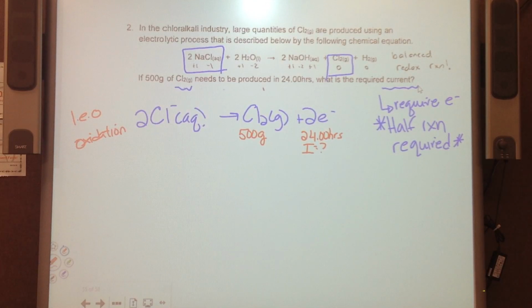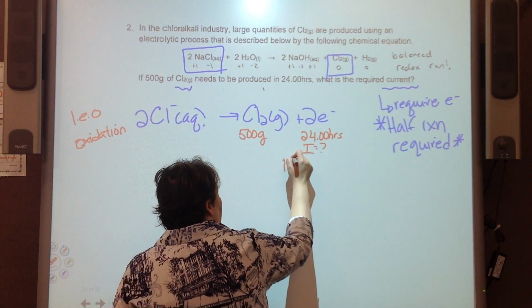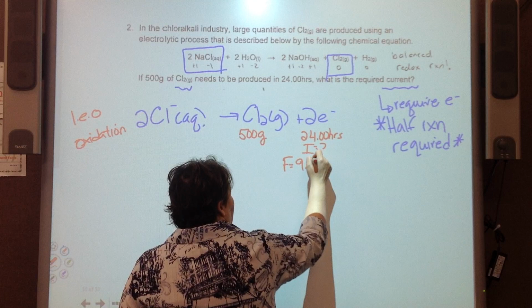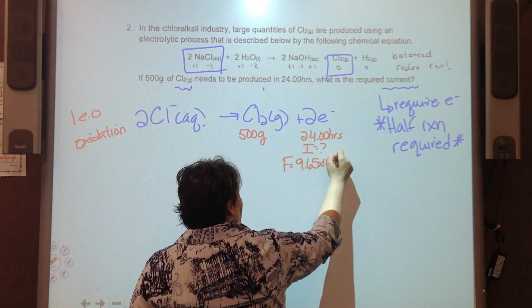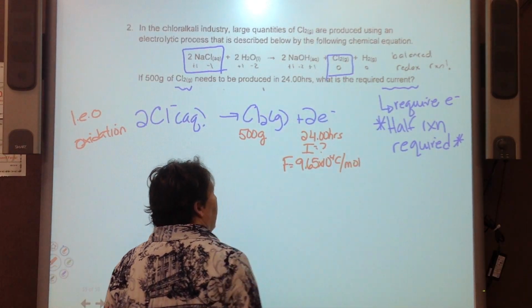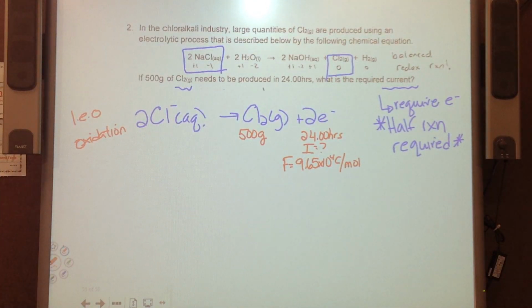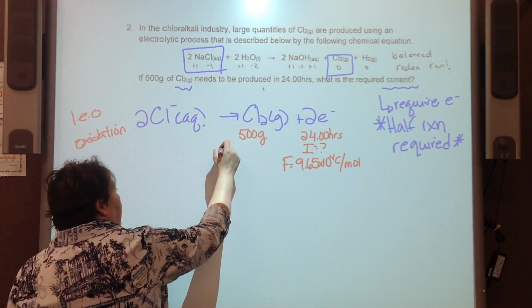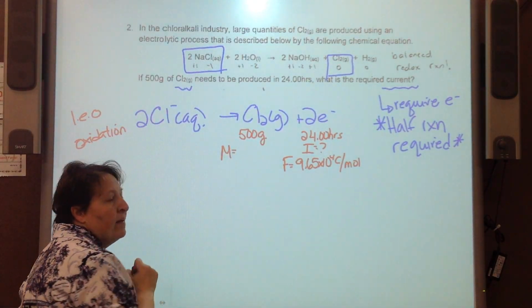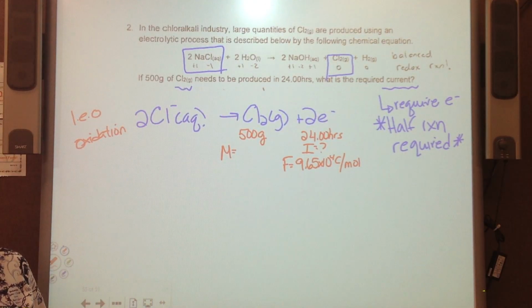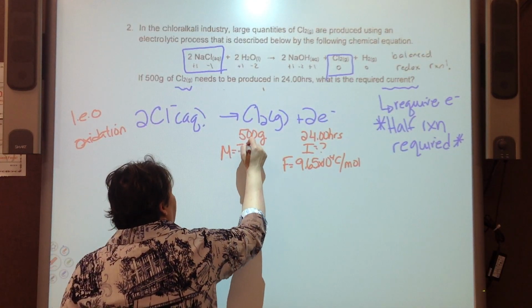You can write the constant down. Any other pieces of information? Molar mass of chlorine. Don't say 35.45, because there's 2 of them.